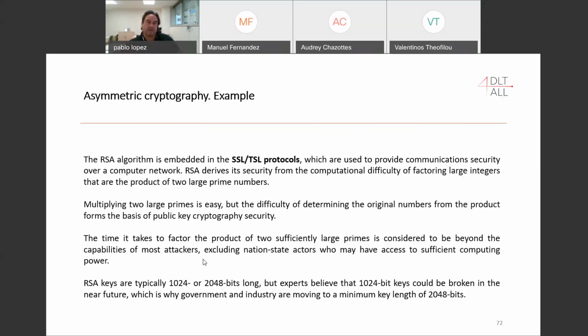Then we will make an exercise where you will see what it means to play with different encryption with different bit lengths. But one expert says that these 1024-bit keys will be broken in the near future, so we are starting to talk about 2048.